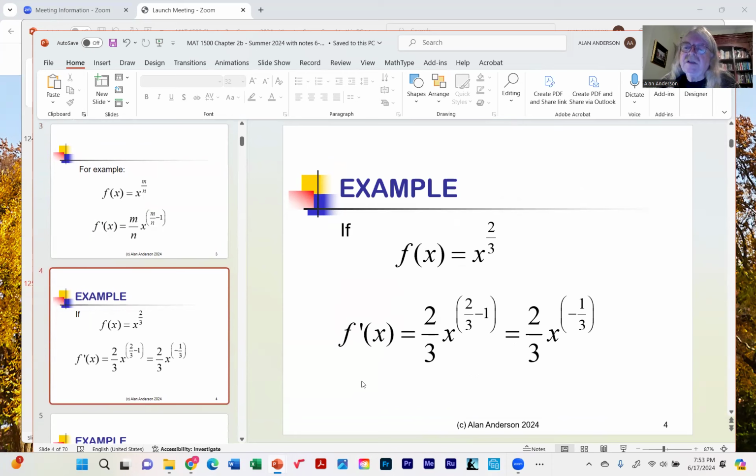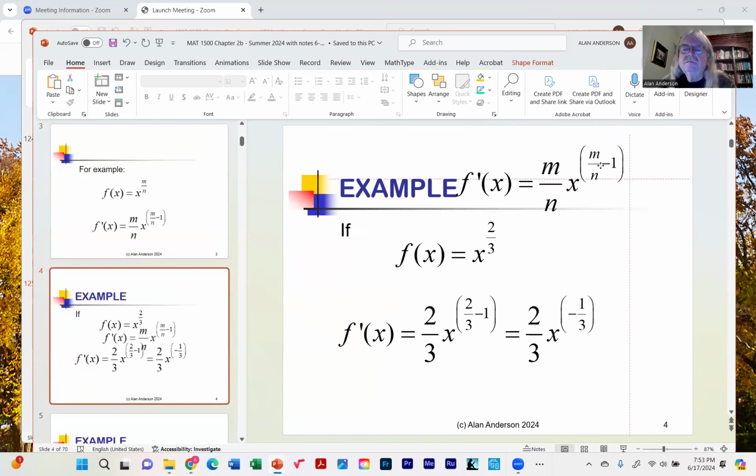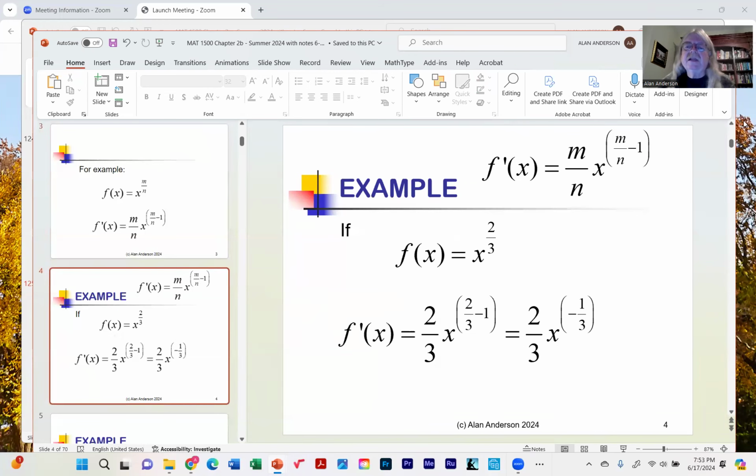So let's say we had something like this. f of x is x to the 2/3 power. So here's our rule. And that means then that m is 2 and n is 3. So according to the rule, we're going to have 2/3 x to the 2/3 minus 1, which of course is just negative 1/3.